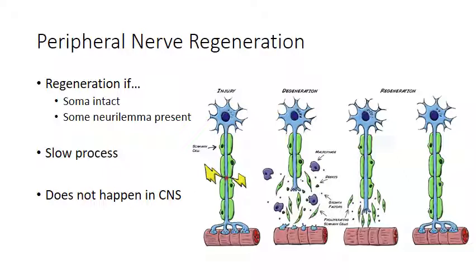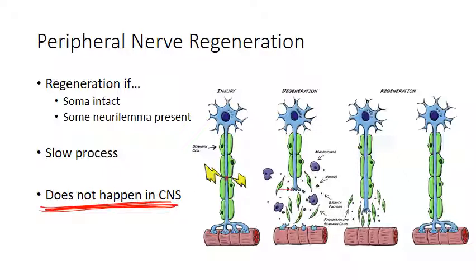So we do have to have some remaining cell there, so the damage has to happen sort of low down in that neuron. This is a process that can take years, so up to 2 years to recover nerve sensation if a nerve has been damaged. And this, again, does not happen in the central nervous system.